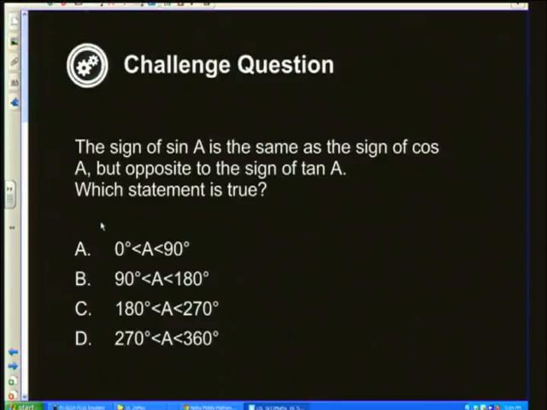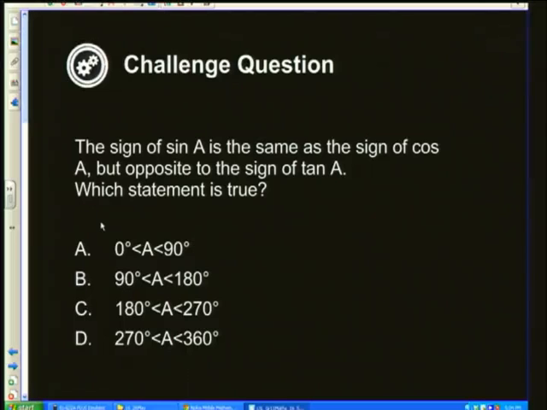Before we get there, we do want to challenge all those out there who may be feeling that they know it all. Let's see if you know how to work with the following question. The sine of sine A is the same as the sine of cos A, but it's opposite to the sine of tan A. Which statement is true?